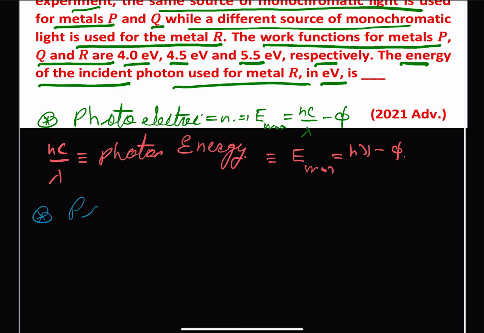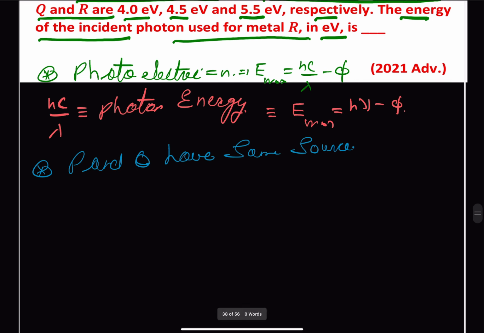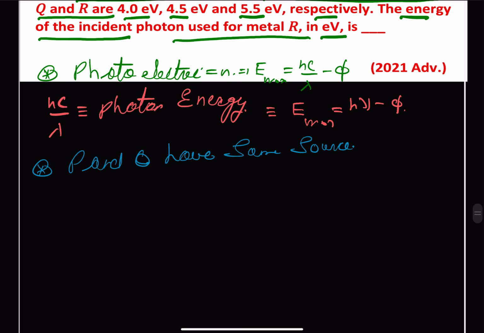You can say P and Q have same source, and let us suppose that source of light is having a frequency as nu1.